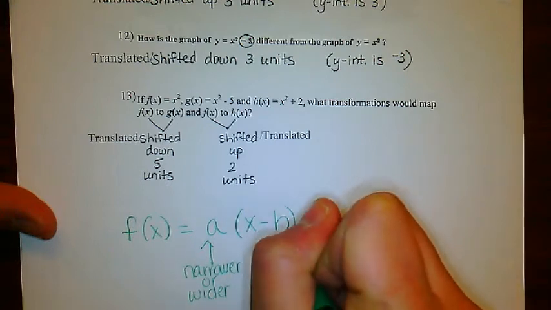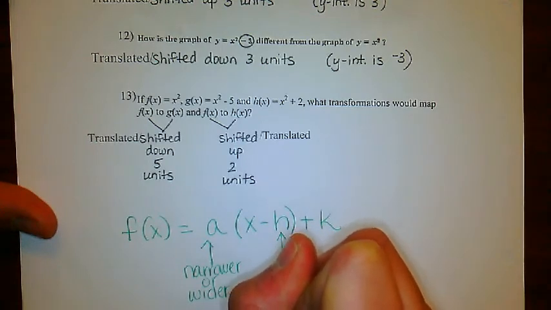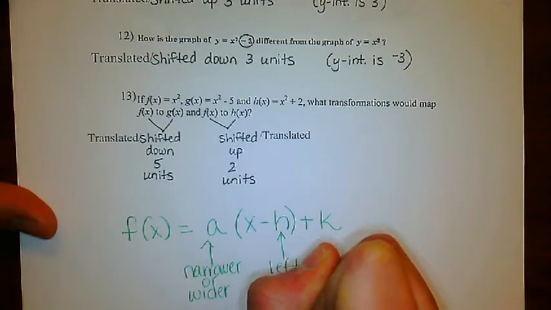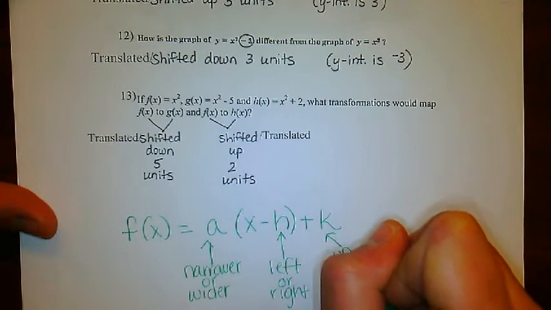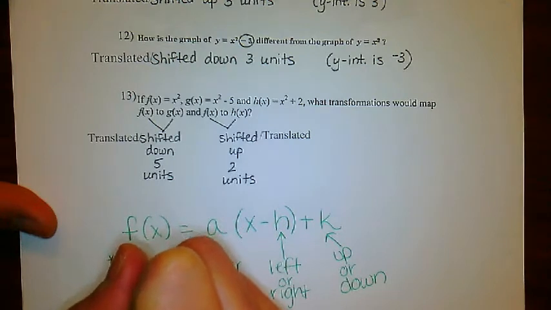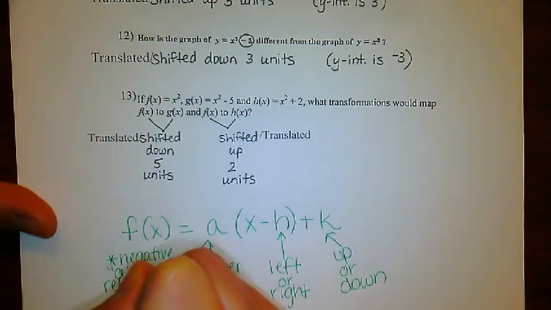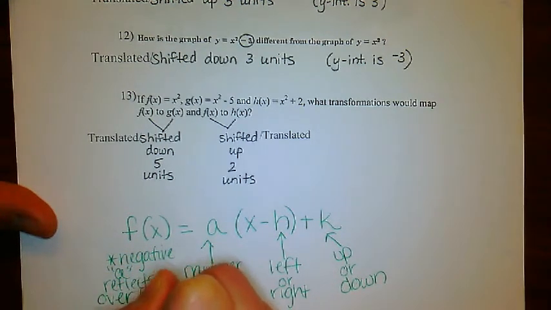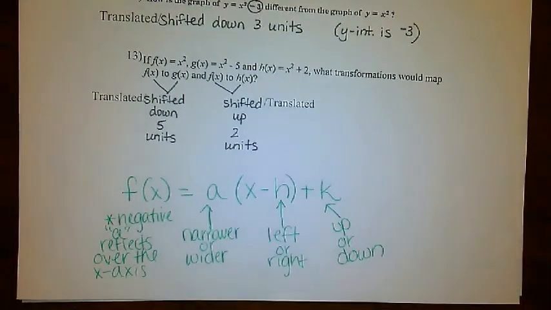The h, whatever's being subtracted or added to the x, moves it left or right. And then on the outside, the k moves it up or down. And remember, a negative a reflects over the x-axis. So just some general statements for you to have when you have an equation like this. It's just easier to look at it like that.